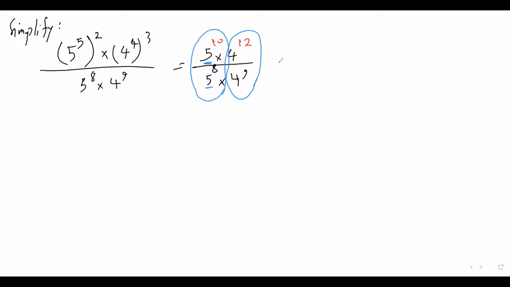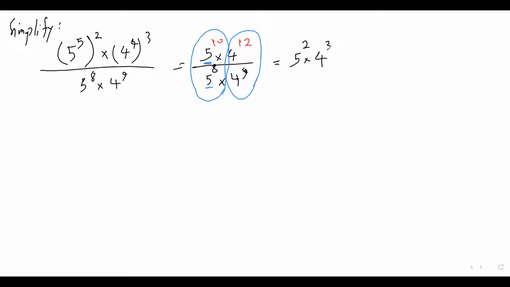And I can apply the second law, which was division. So the final answer is 5 to the power of 10 minus 8, that would be 2, times 4 to the power of 12 minus 9, which gives me 3. And that's the final answer, because they ask us to simplify.